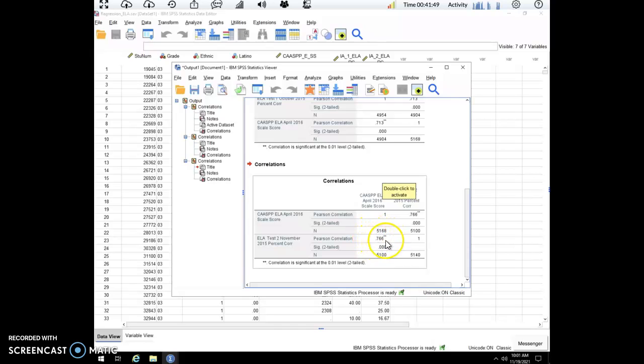So the correlation that is higher would be the better predictor. The next series of questions has you calculate some items by hand, but we can also check those as we use SPSS. These questions are about predicting the April scores.